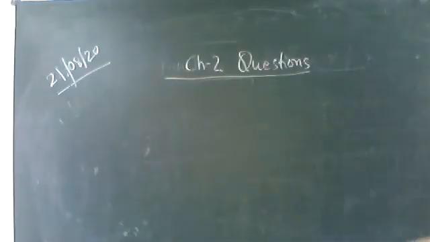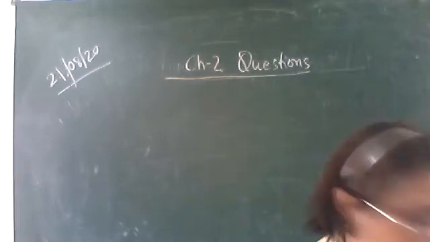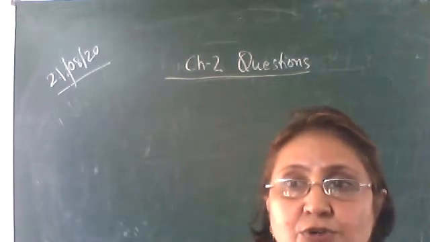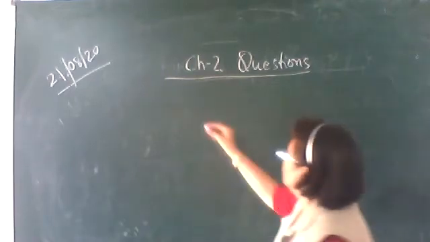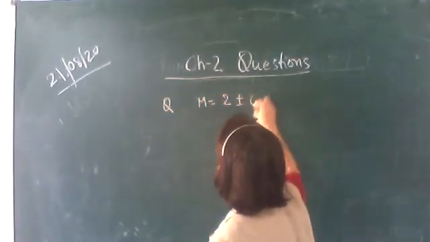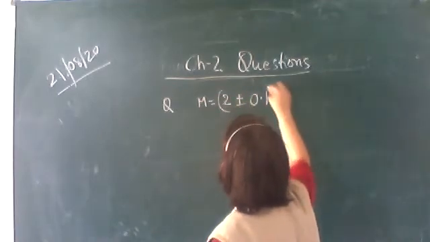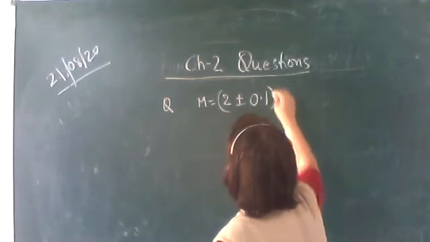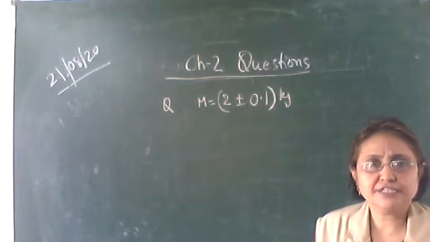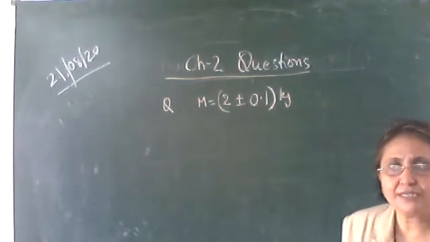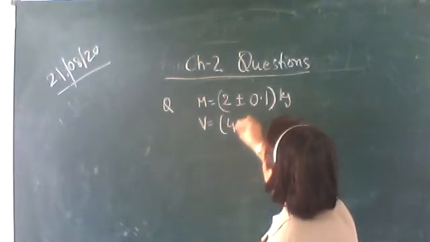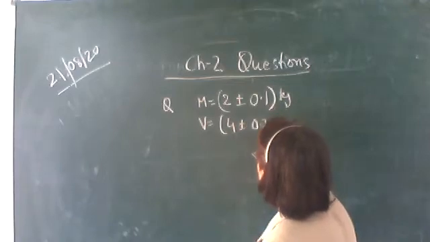Okay, let's do a few more questions based on errors. Now suppose the mass of any substance is given as 2 plus minus 0.1 kg and the volume is given as 4 plus minus 0.2 meter cube.